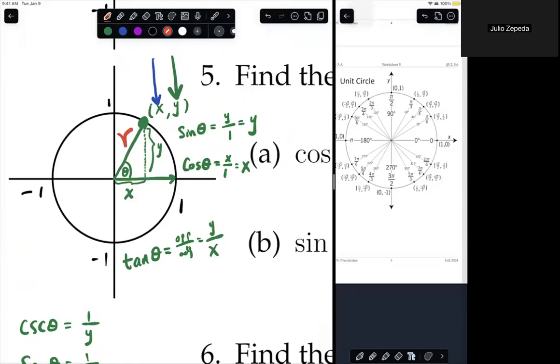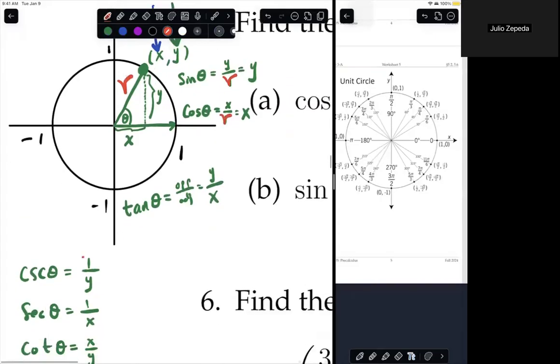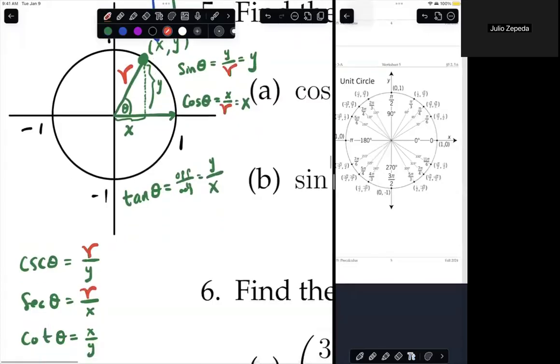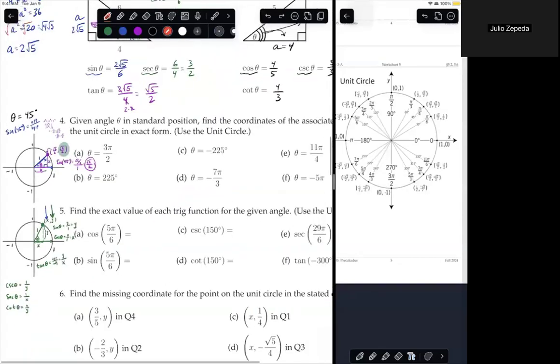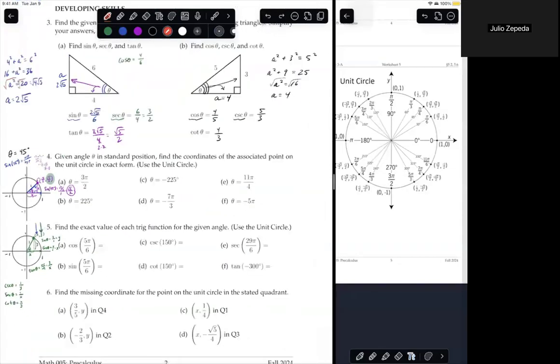If our circle is of radius r, the difference is going to be, instead of these ones here, the hypotenuse is going to be of length r. And so these definitions change to these marked in red here. So we'll mention that in just a moment, but for now, let's go ahead and jump into problem number 4.